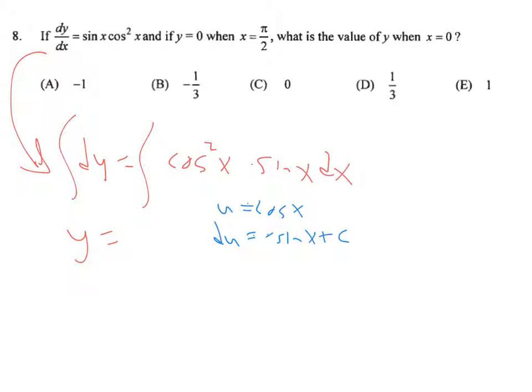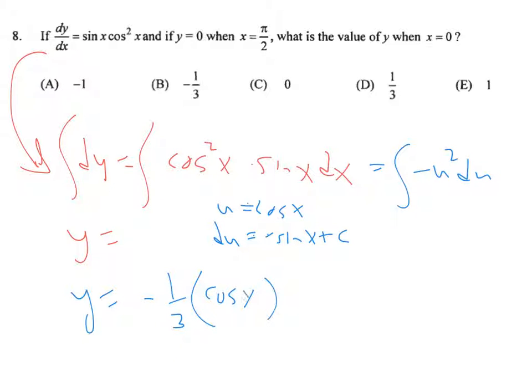So if you plug that in, this becomes negative u squared du, so you'll get negative 1/3 u cubed, and what's u? U is cosine of x, cubed, plus c. You could totally get this by eyeballing it if you wanted to as well.